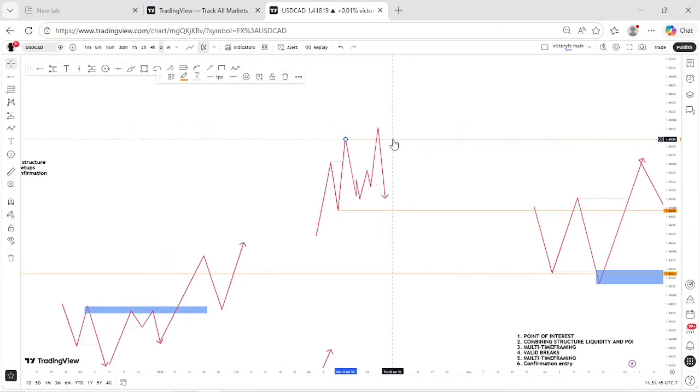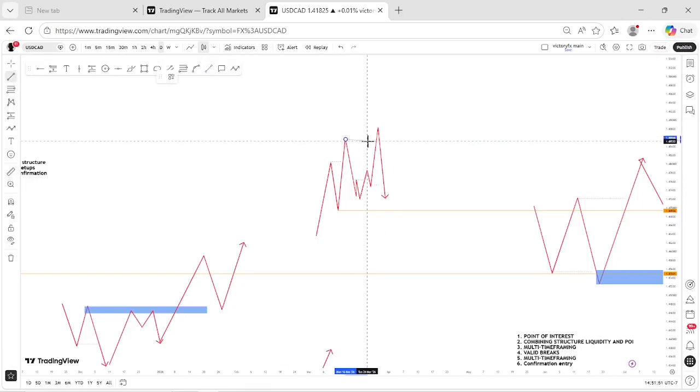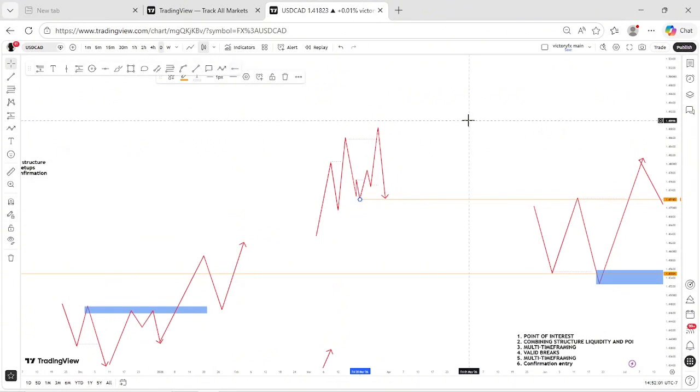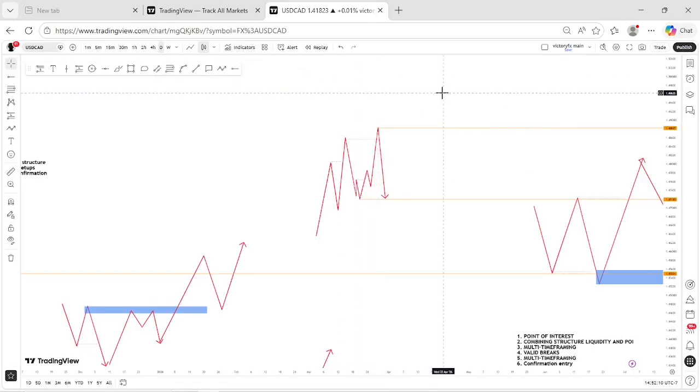Then I'll be like, okay, this is a break of structure here. This setup has broken structure and is now a strong setup, because the low is now protected, and this high is the potential target. I hope you guys understand.